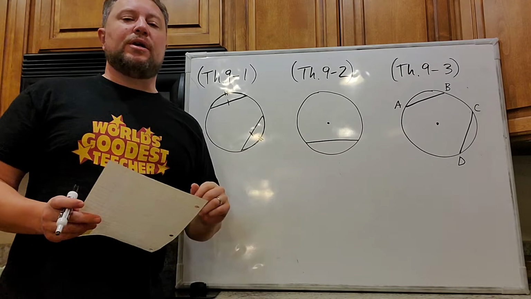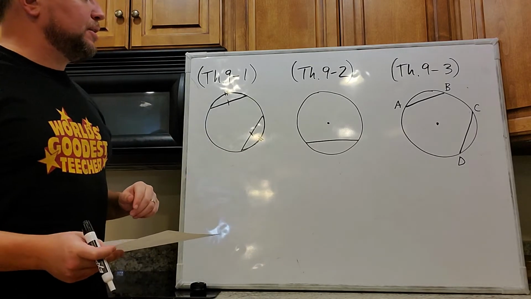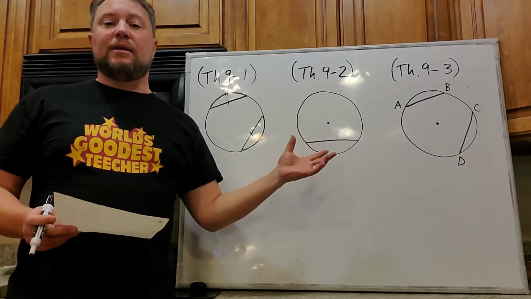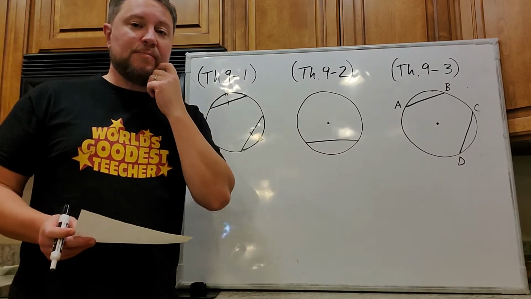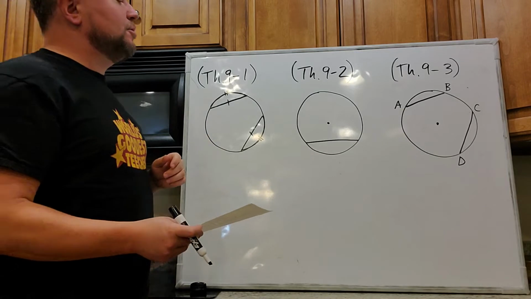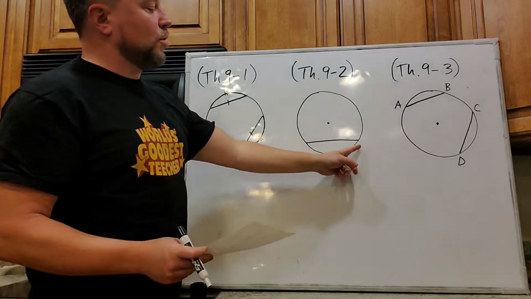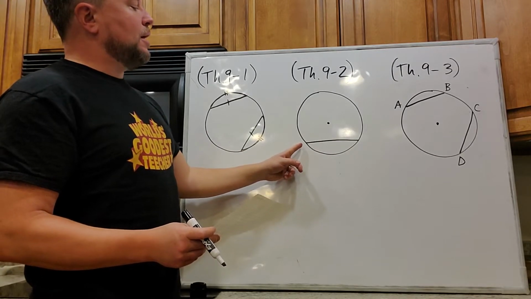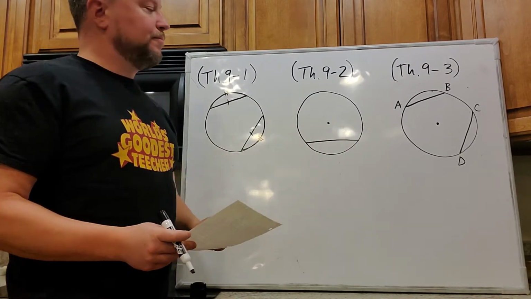Theorem 9-2 is probably the theorem that we're going to use quite a bit in this section of the textbook. Notice we have a chord that I've drawn on our picture of a circle. Again, a chord goes from edge to edge of the circle.